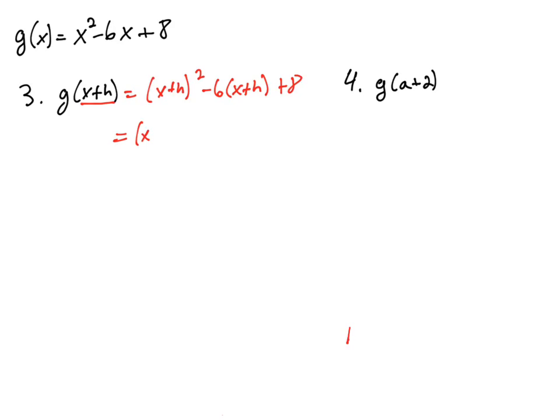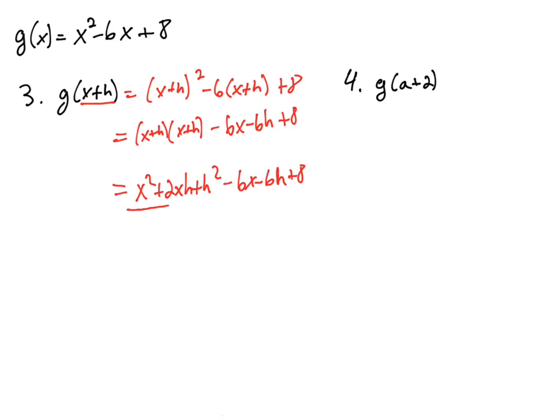So we just simplify. So (x plus h) squared, we multiply those binomials, distribute the -6, so -6x minus 6h plus 8, and then simplify it. And at this point, we don't have any like terms, so that's as far as we can go.